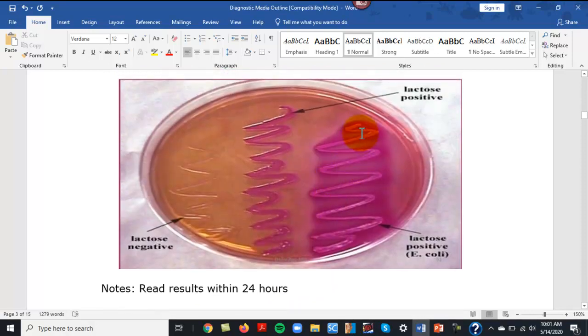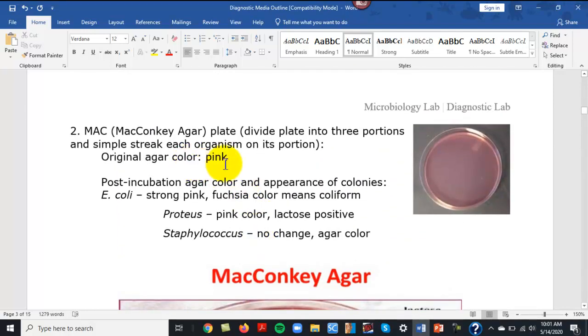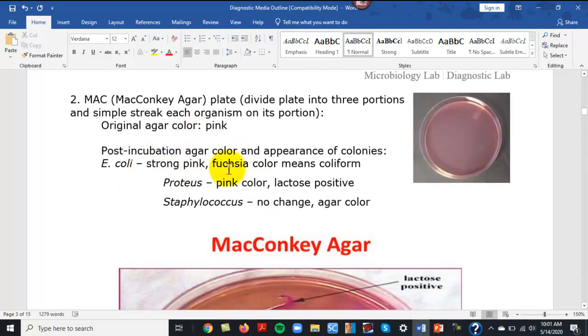Now, here is E. coli. It's definitely a stronger fuchsia color. You can see it right there. So that's a coliform. This really is not differential for coliforms, but you can tell there's a difference. The one in the middle, see the color, fuchsia, and I put up here, what does a positive test look like?